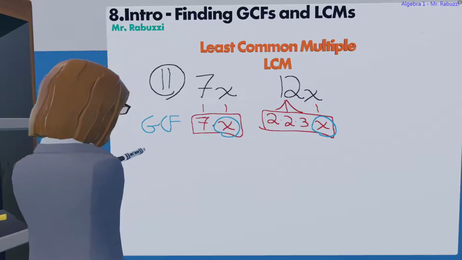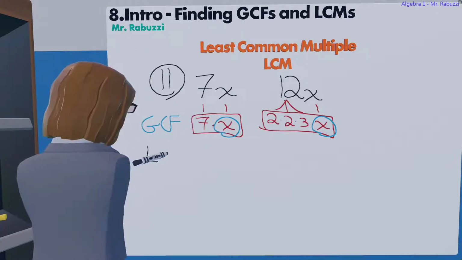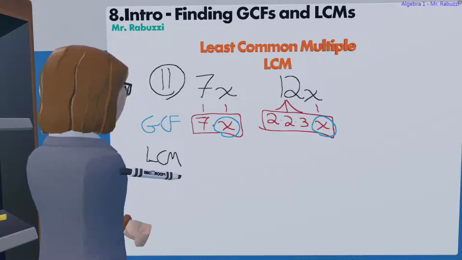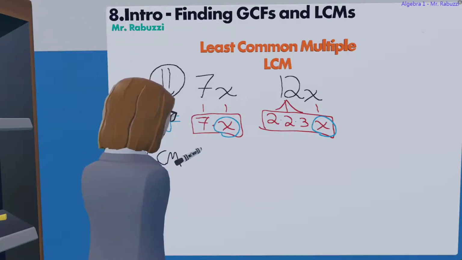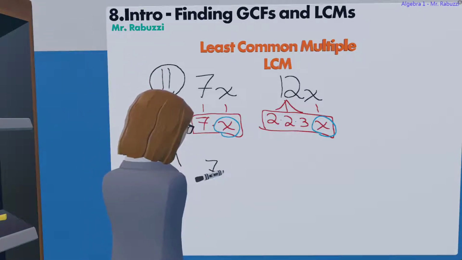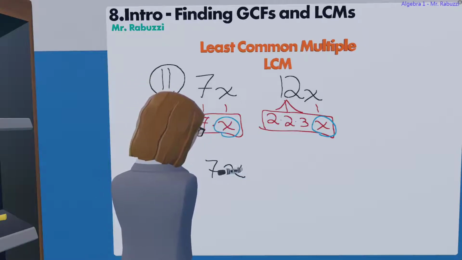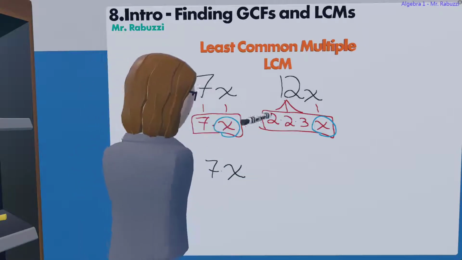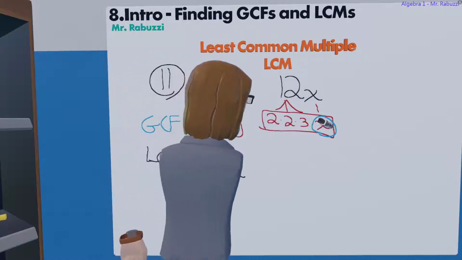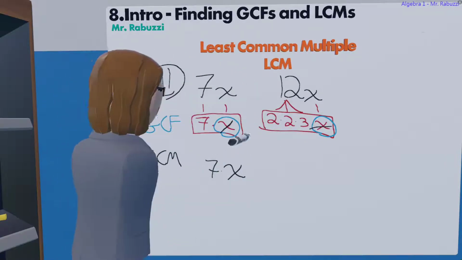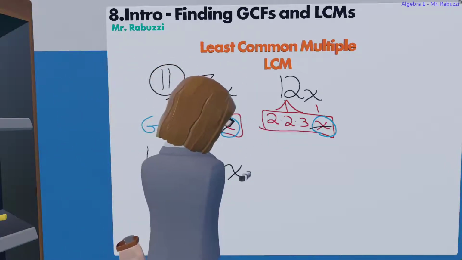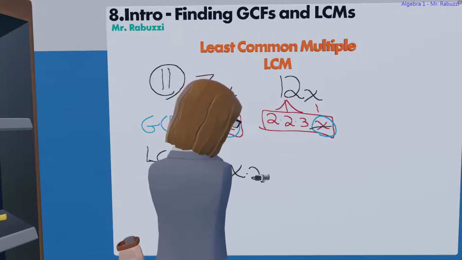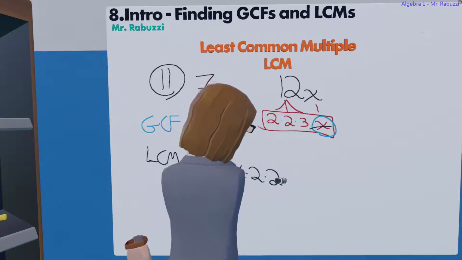Now we're going down to the LCM line. This is what we want to do with LCM. We want to take all of our factors. 7, x, but this x is matched. This x is paired. So that's done, and that's done. Then we keep going. 2, another 2, and a 3.